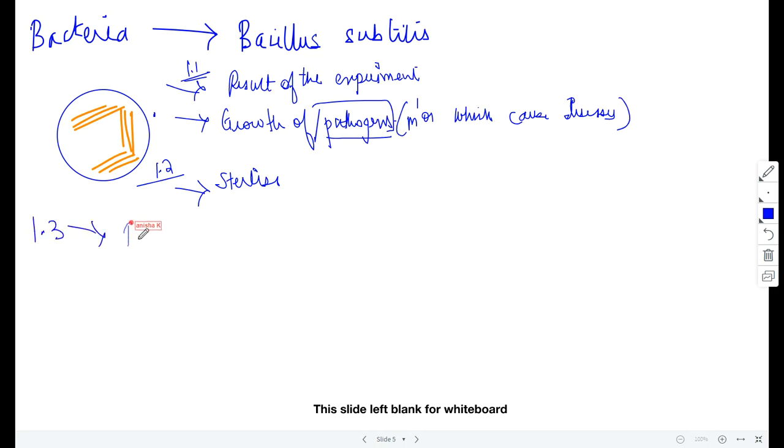For 1.3 we will say: to reduce the chances of growing pathogens. Okay, we'll move on to the next question.